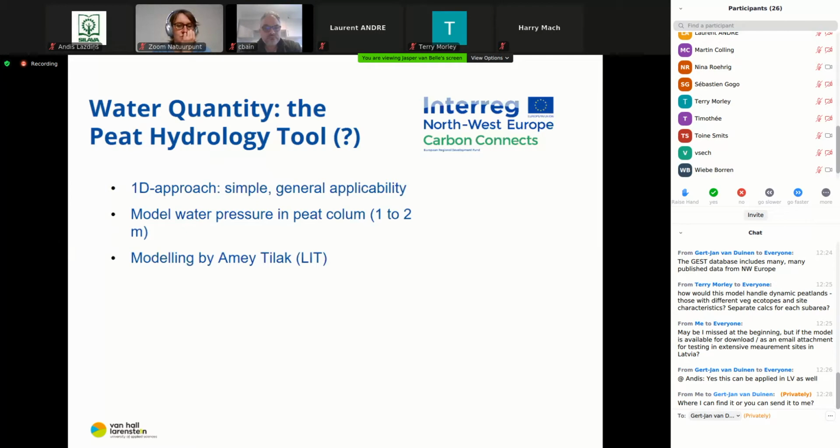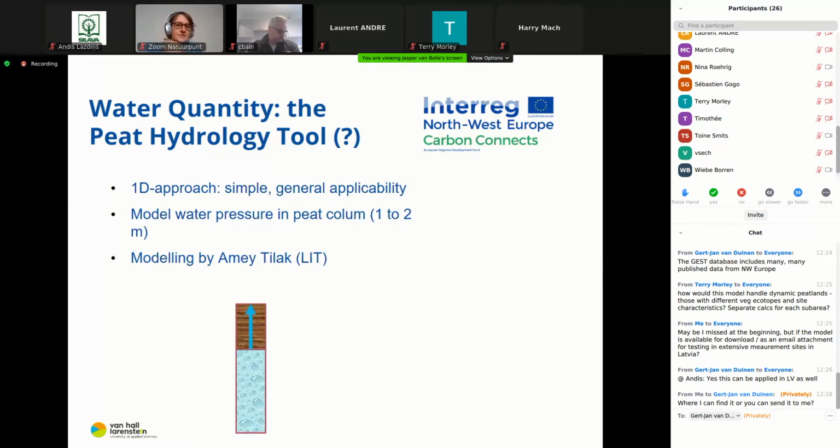He's doing the modeling in a Hydrus 1D model. I think it's sort of similar to what Laurent showed us, but much simpler. And the idea is that if you have a peat column, you have a water level in it, and whether it rises or falls depends, of course, on evaporation and rainfall patterns.